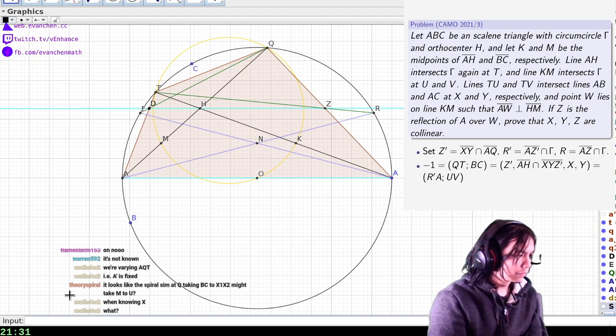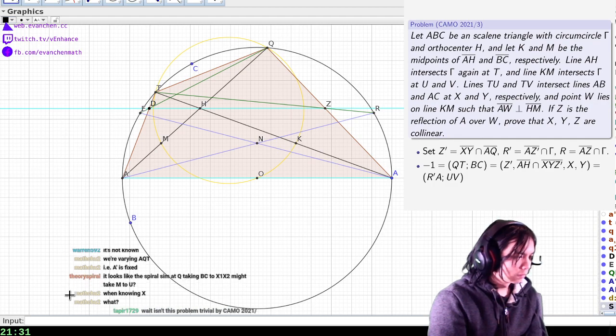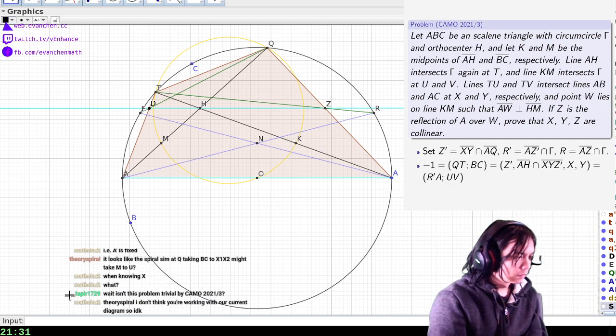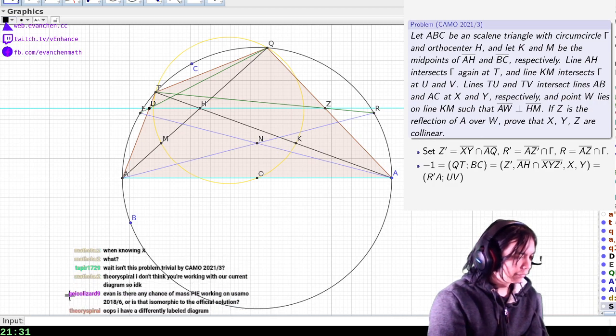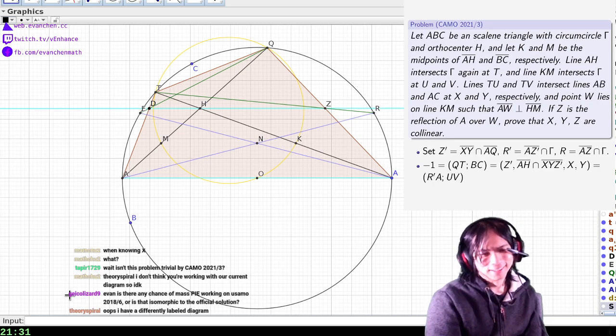Taking BC to x1, x2. Evan, is there any chance of mass pi working? Not really. No, not as far as I know.